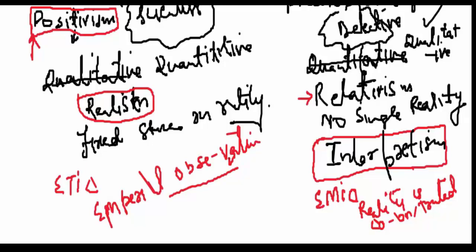What I mean to say is, let's take an example of sexual discrimination. Say you're asking people in a company, is there sexual discrimination? And the respondents may say, no, there is no sexual discrimination.